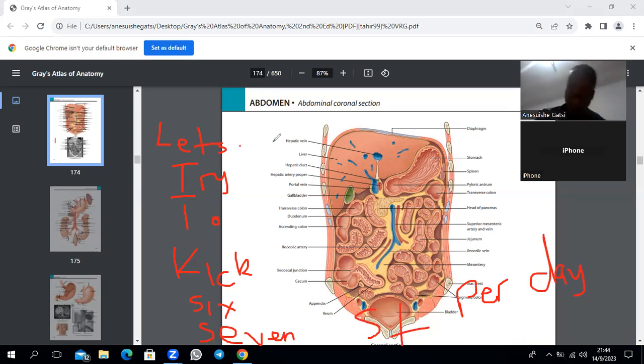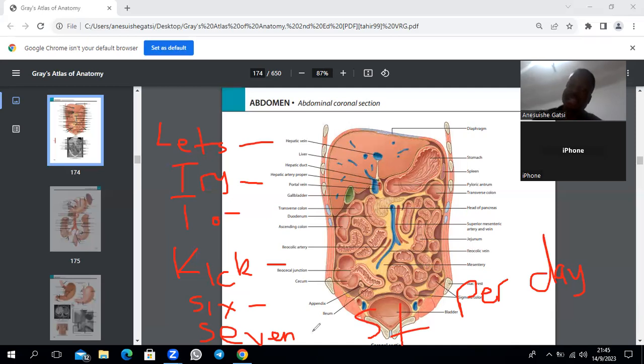The first L is the lesser sac. The T is the transverse colon. The other T is the mesentery of that transverse colon that we call transverse mesocolon. The K is the kidney, which is the left kidney. The first S there is the spleen.